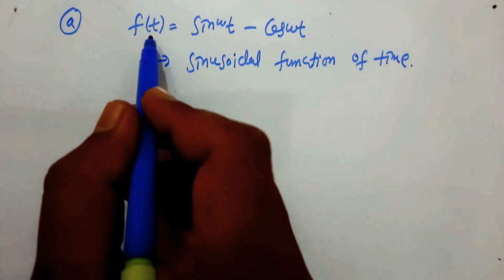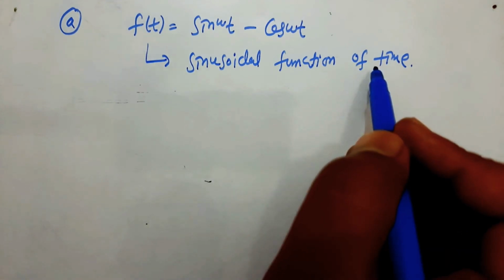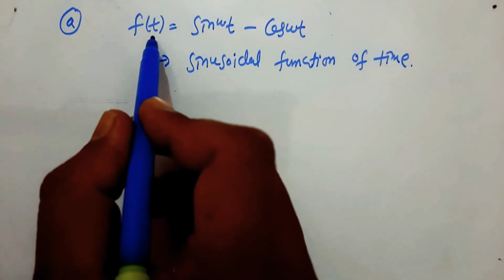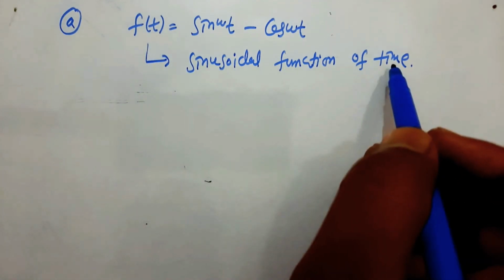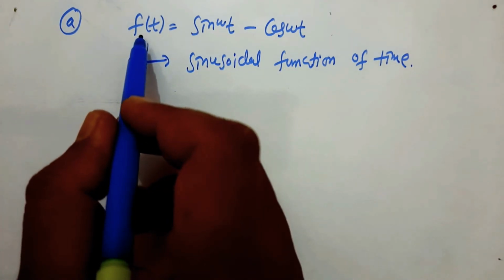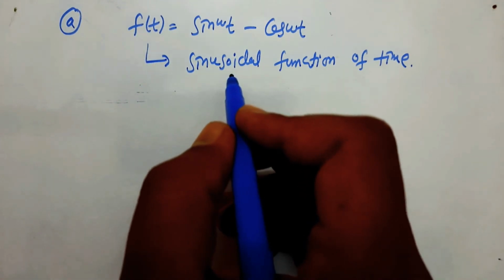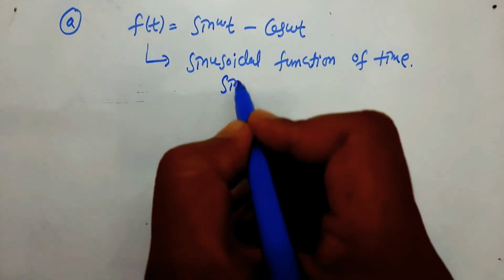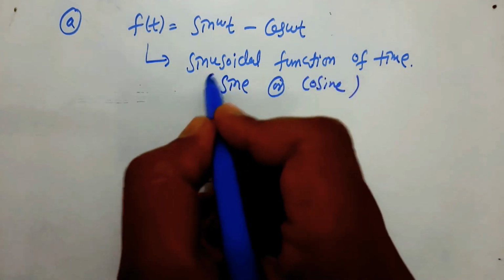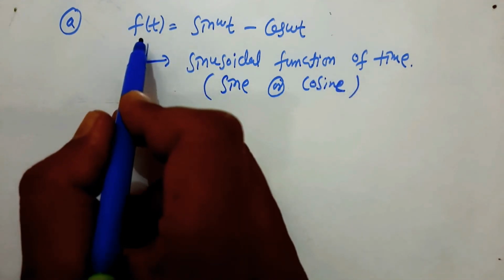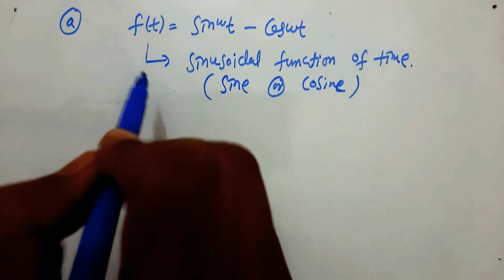So what is a sinusoidal function? Here f of t is a sine function or a cosine function. Then only the function f of t represents simple harmonic motion. So let us check.